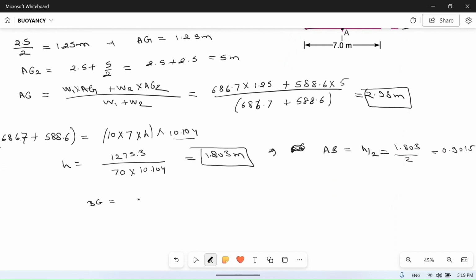Okay, so what will be BG? It is the distance between the center of gravity of the combined shapes or weights minus the center of buoyancy.